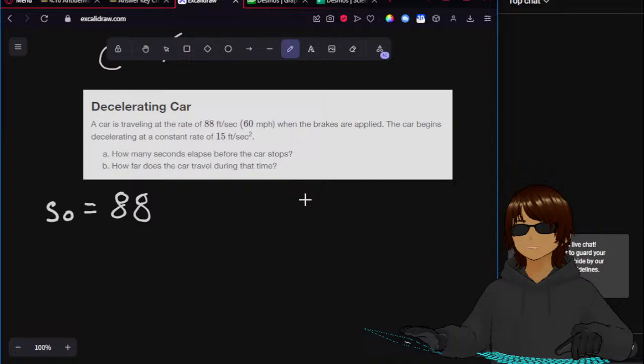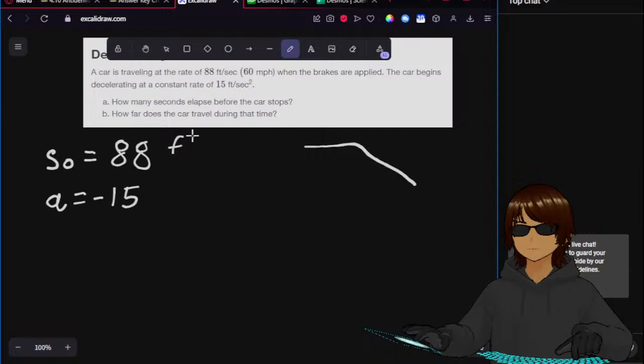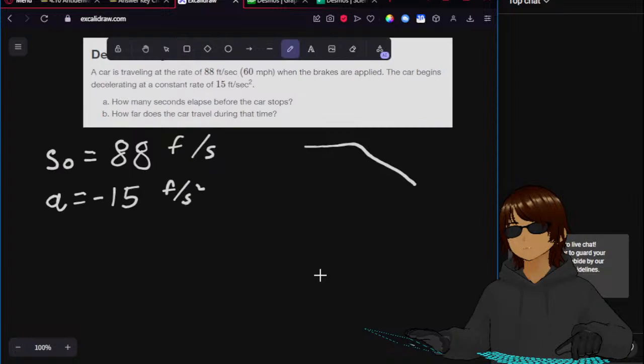So the car's speed is 88, and then there's a constant deceleration. So acceleration is minus 15 feet per second squared. How many seconds elapse before the car stops?